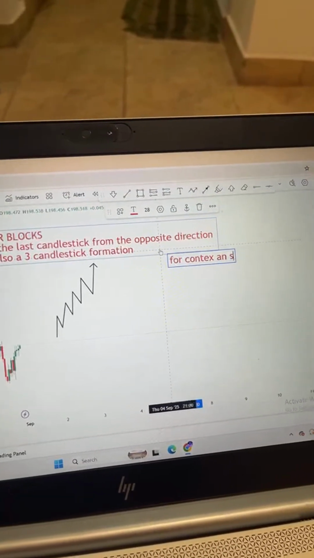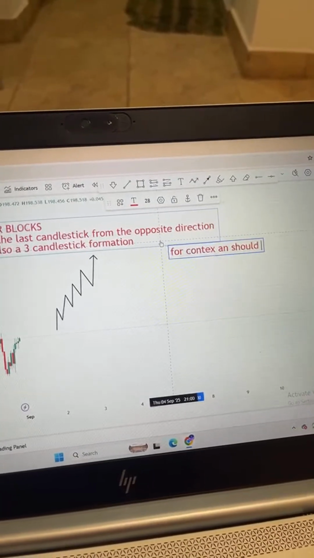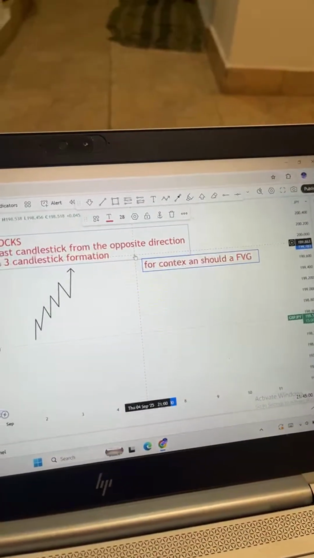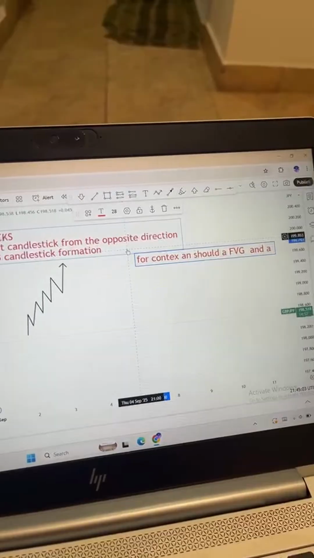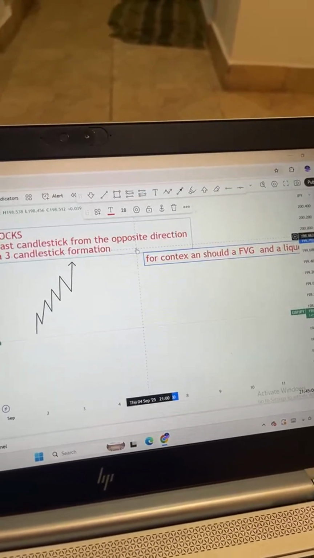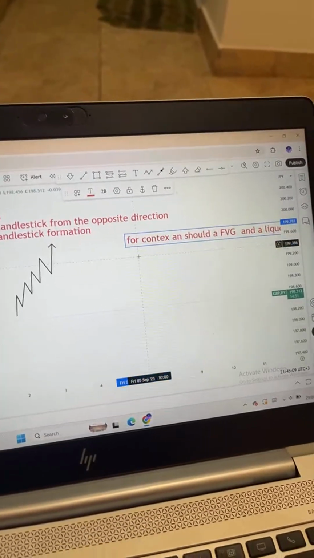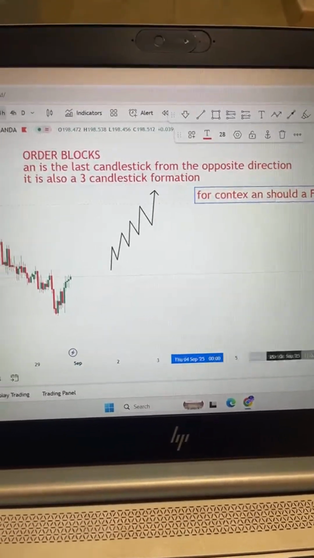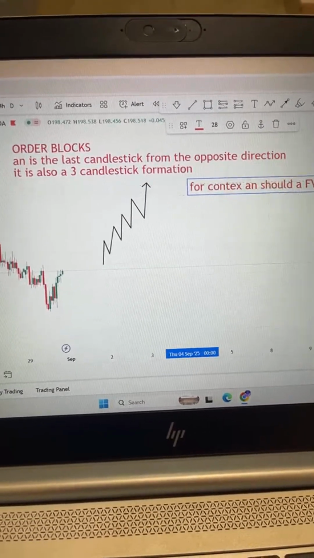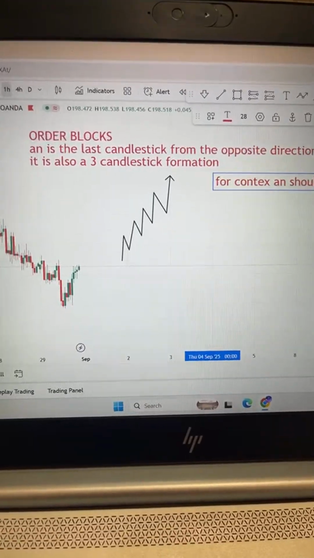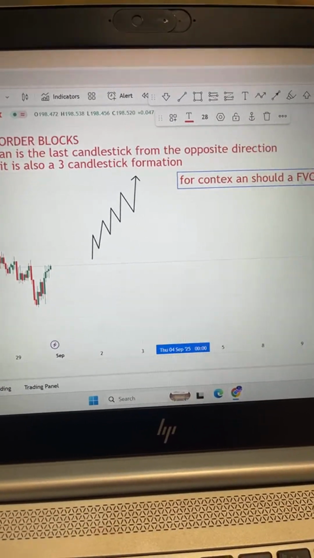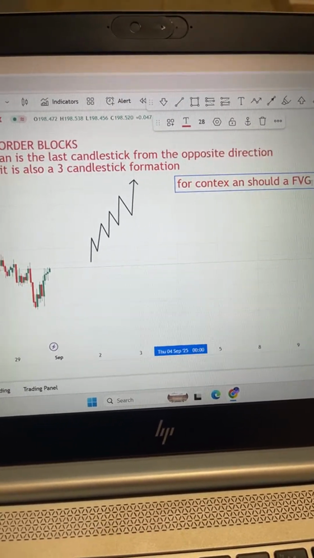An order block should have a fair value gap and a liquidity sweep. This is for context. For you to spot a valid order block, it should have a fair value gap and liquidity. For the fair value gap, others call it imbalance, so let me write imbalance.